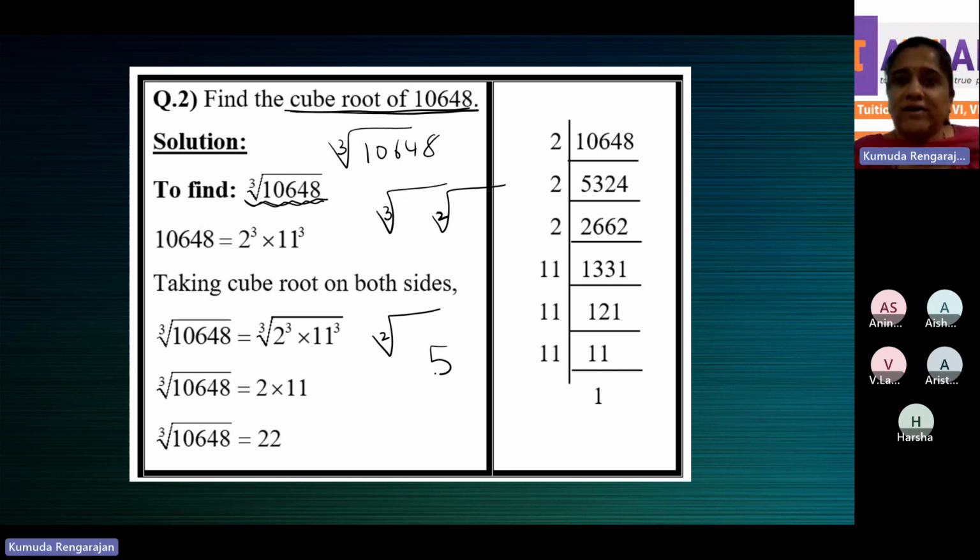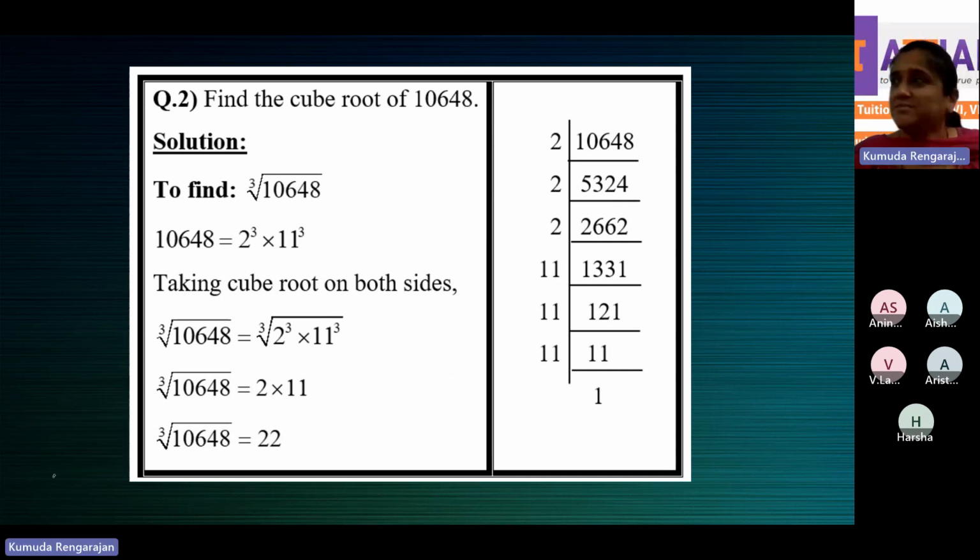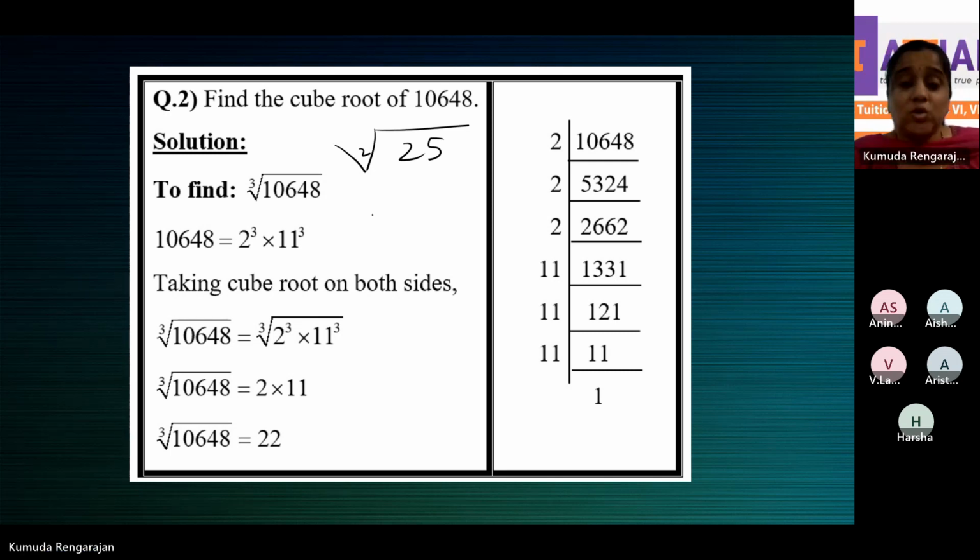Like when you write 5, it's not negative 5, it is positive 5. There is a plus sign, it's invisible. Similarly, there is a 2 here, it's invisible. So it's square root of 25. For cube root, you must write the 3 here.